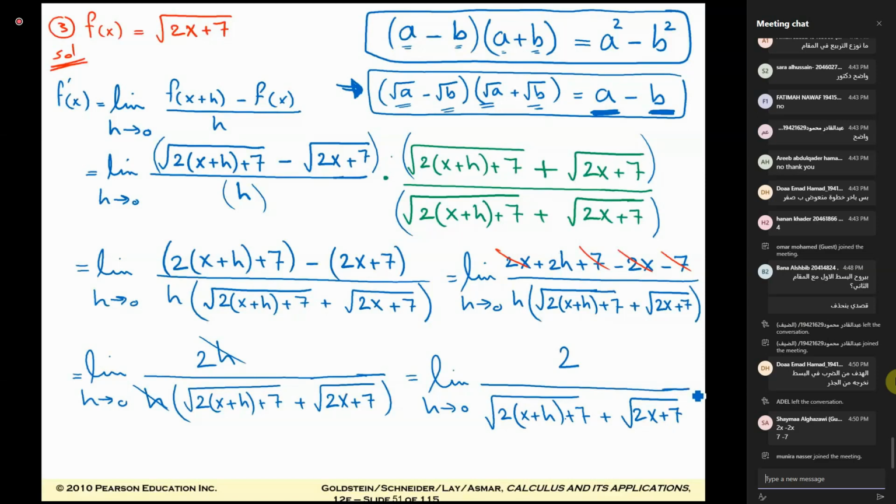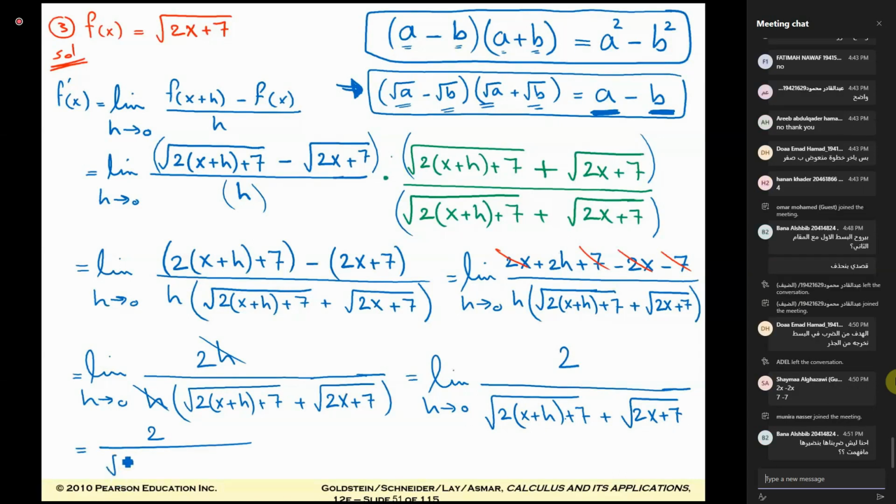Now we can substitute h equals 0, because I removed the h in the denominator. This equals 2 over radical 2x plus 7 plus radical 2x plus 7.